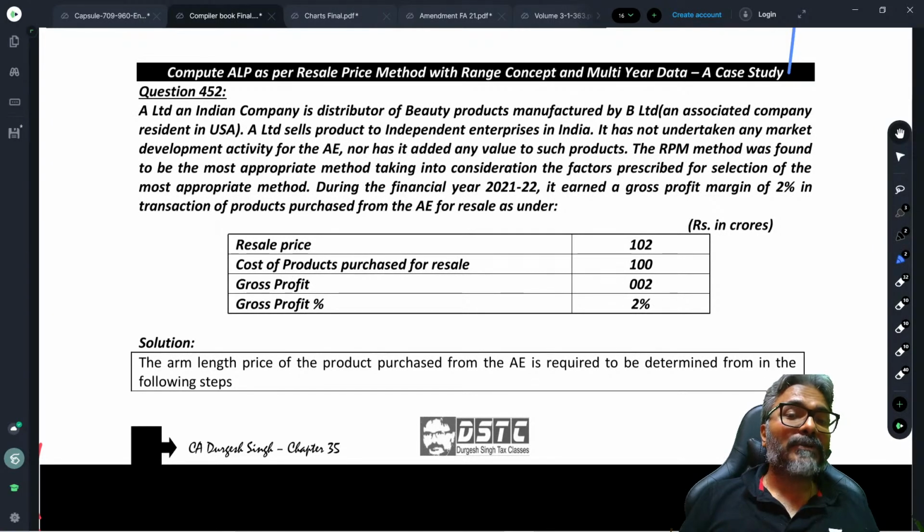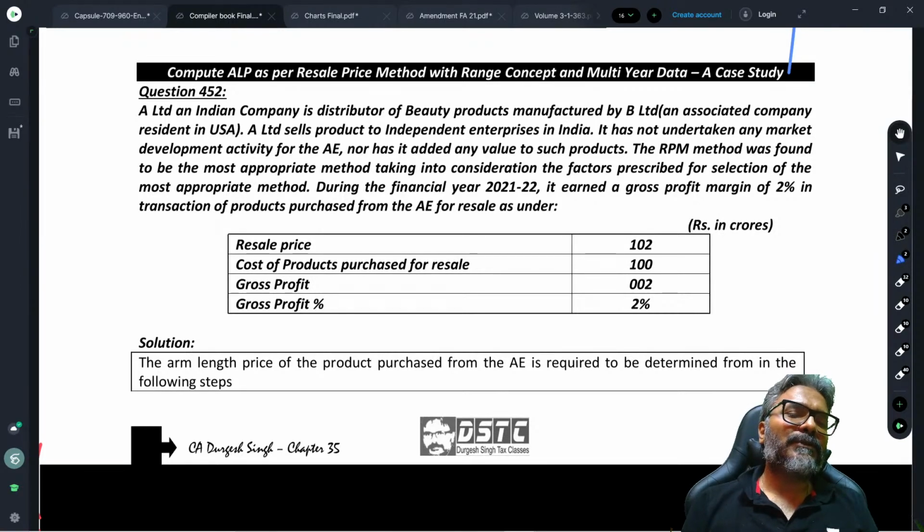Now the cost of the product which is purchased: you have purchased from your AE at a price of rupees 100. This is your international transaction and this is your transfer price, the price at which the goods are being procured, which is 100. This is what we have to check, and then we have to arrive at the ALP, and once the ALP is arrived, compare it with this particular part.